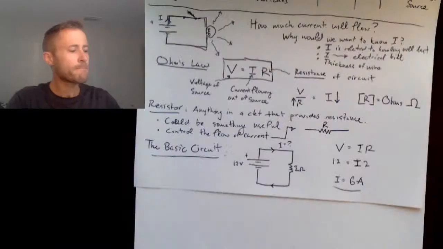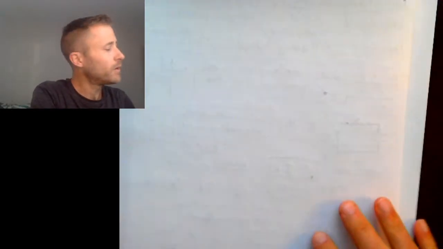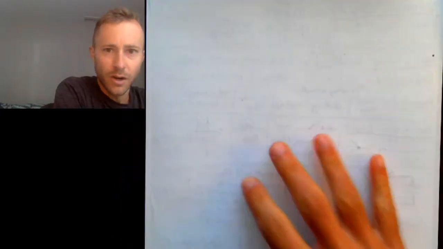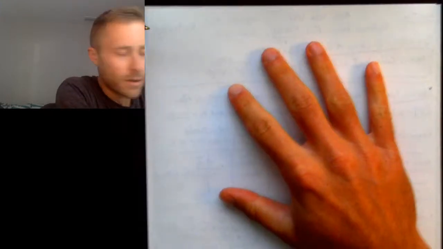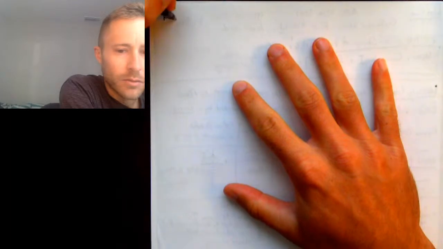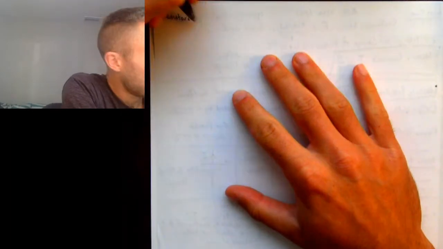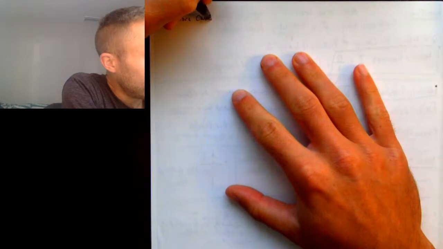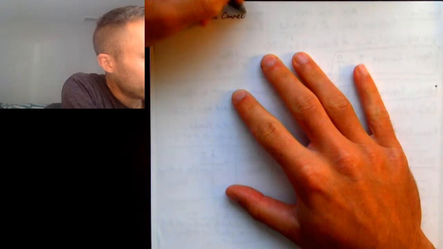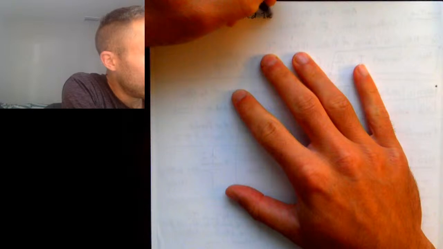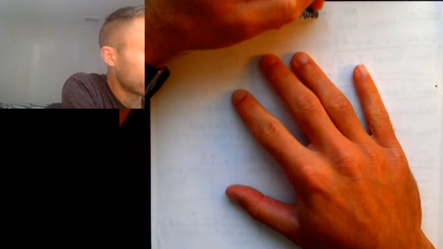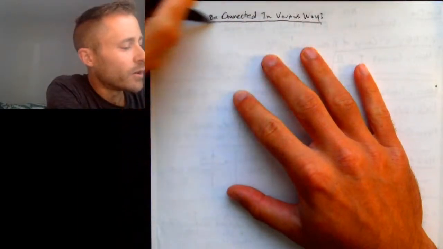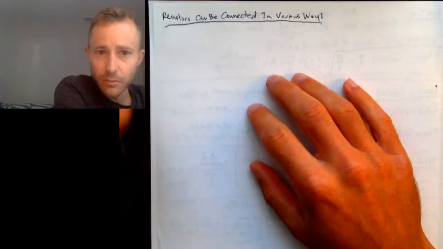And so what if we have lots of resistors? Well, resistors can be connected to each other in various ways. There are two common ways to connect resistors.